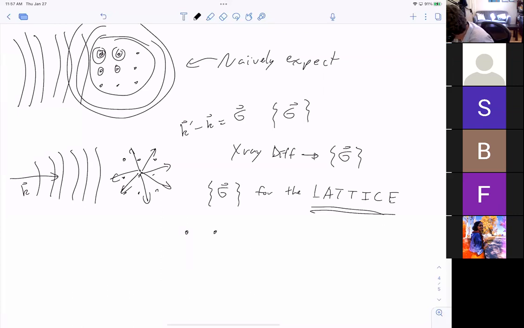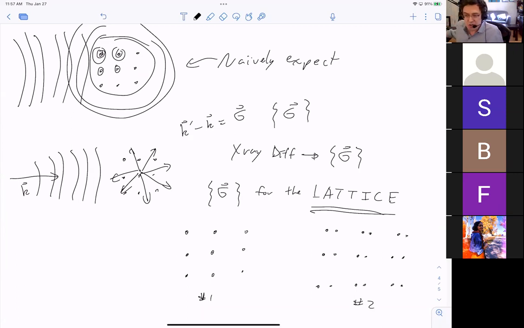Suppose this is one crystal. I'll call this crystal number 1. But now let's do this. This is crystal number 2. Okay, those are 2 crystals.